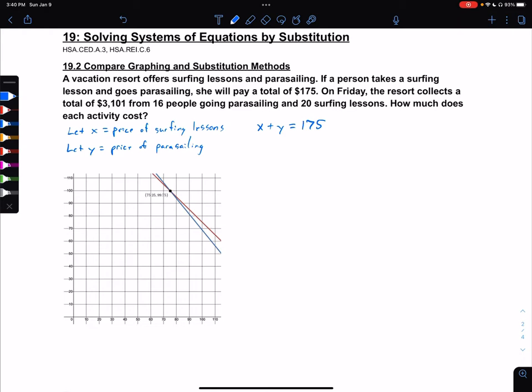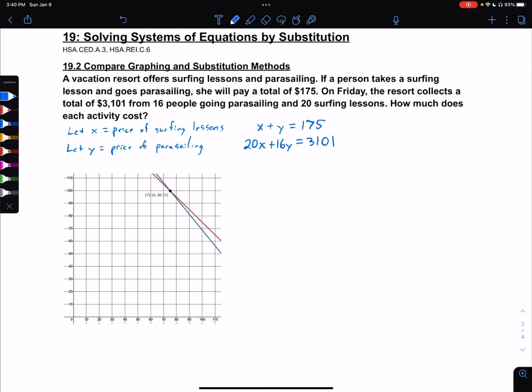Be careful, those are flipped backwards. The x value is the surfing lessons, so we have 20x plus 16y, which adds up to a total of $3,101. That is our system of equations.